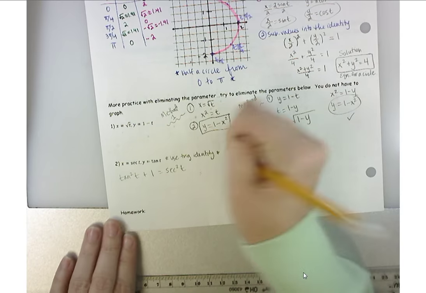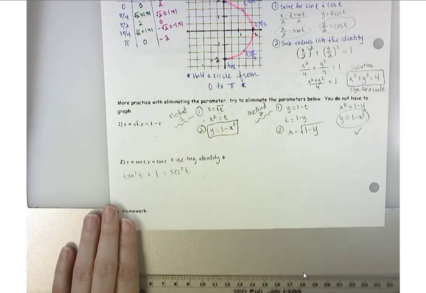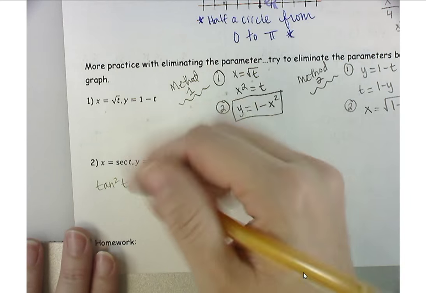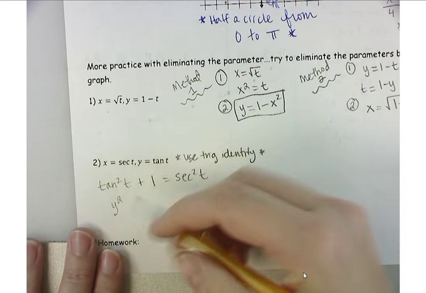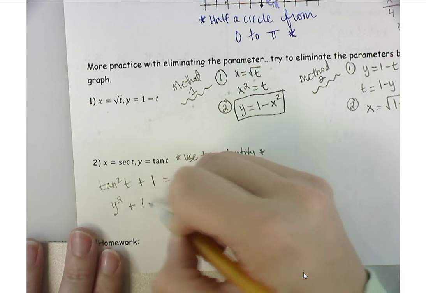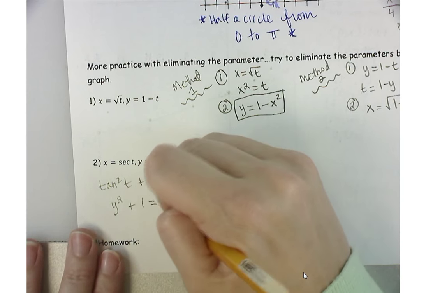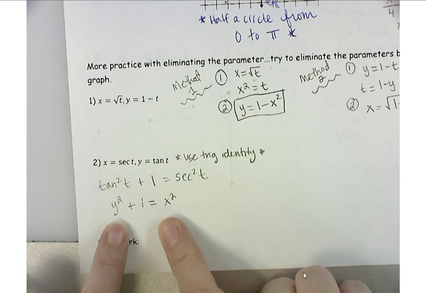Now this one, we don't have to solve for secant and tangent because they're already solved for. See how there's nothing in front of them? Okay, so then all we would have to do is plug in y. So this is y squared plus 1 equals, the secant is x, so that would be x squared. Now if they're both squares, you want to get them on the same side, just like with your equation of the circle.